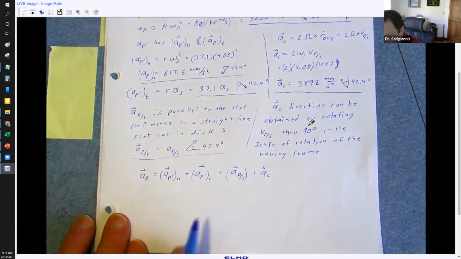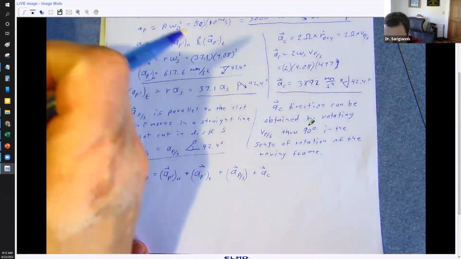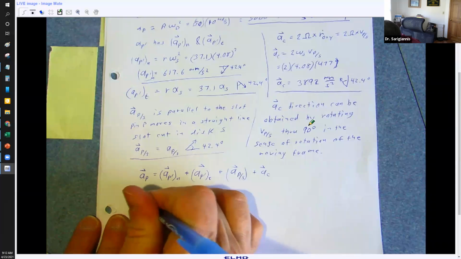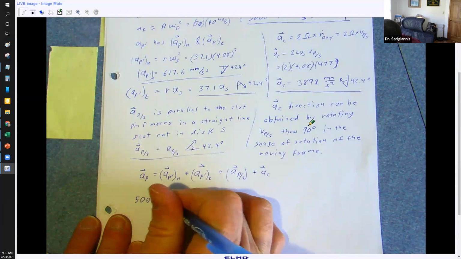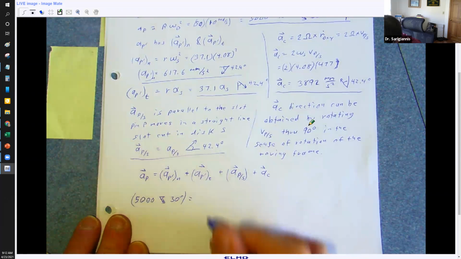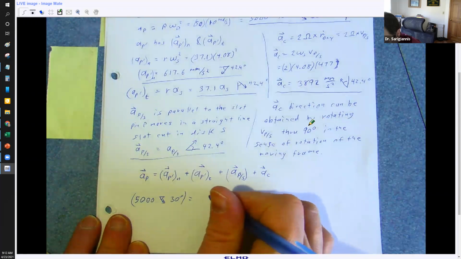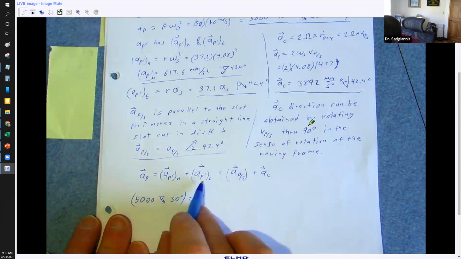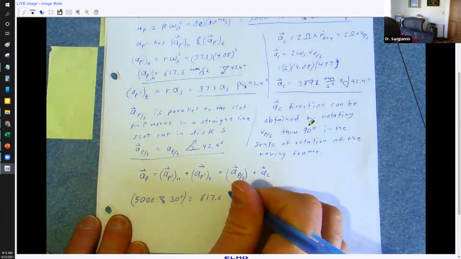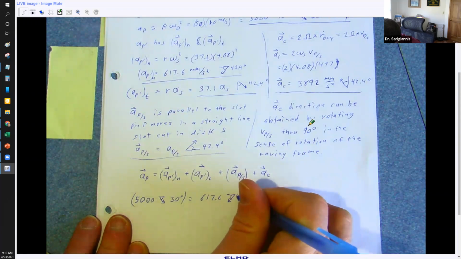I'm going to write them generically using an angle format, and then we can convert them into I and J components. So here we've got 5,000, angle 30. The normal and tangential components we have up here, so 617.6, at an angle of 42.4 degrees.